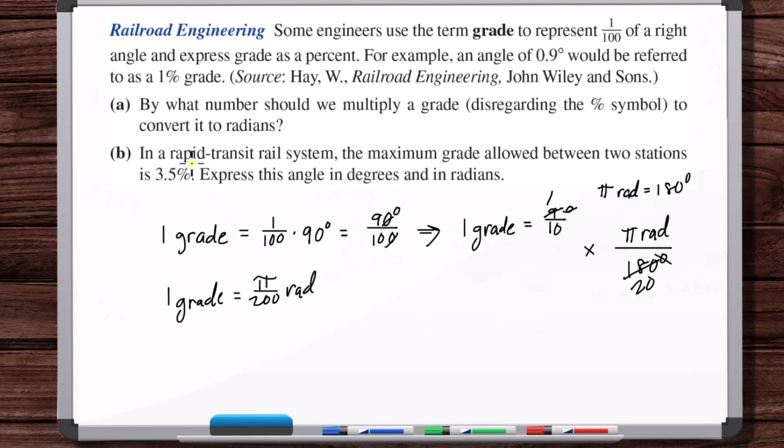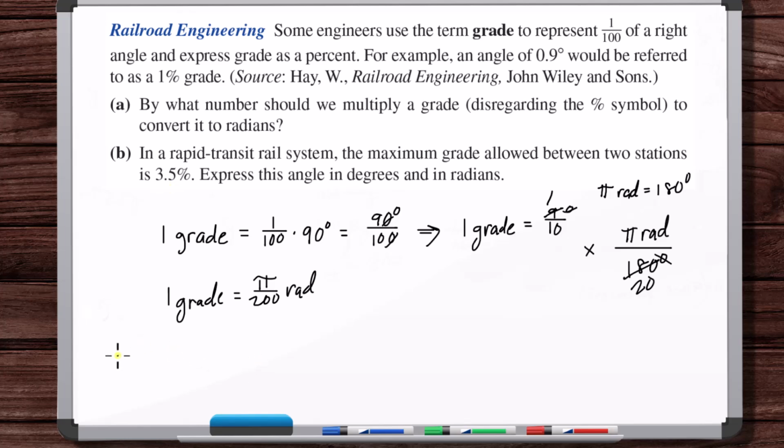Okay, in a rapid transit rail system, the maximum grade allowed between 2 stations is 3.5%. Express this angle in degrees and in radians. Okay, so this 3.5% means that it's 3.5% of a right angle.